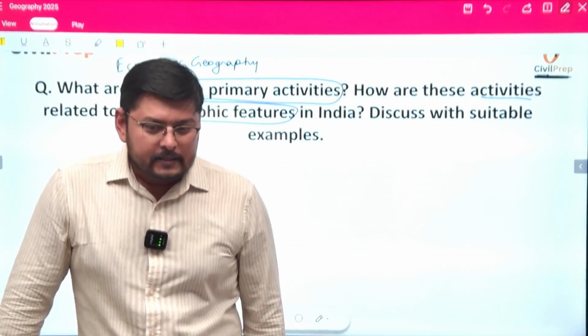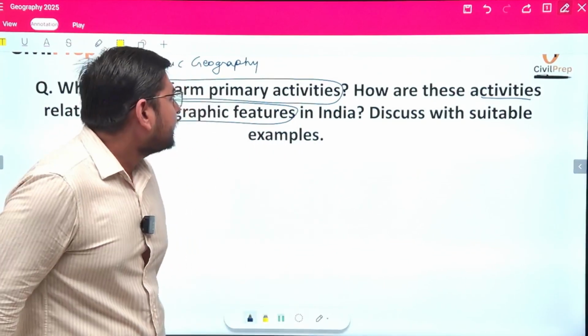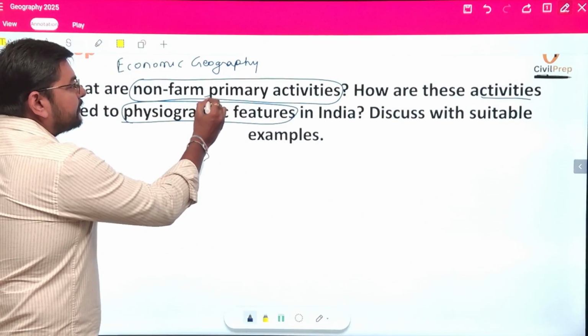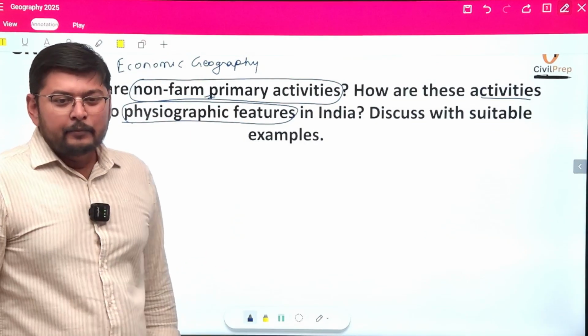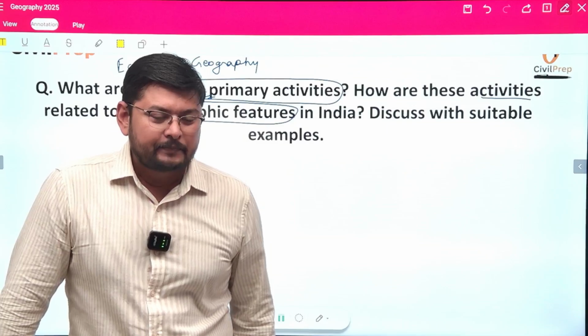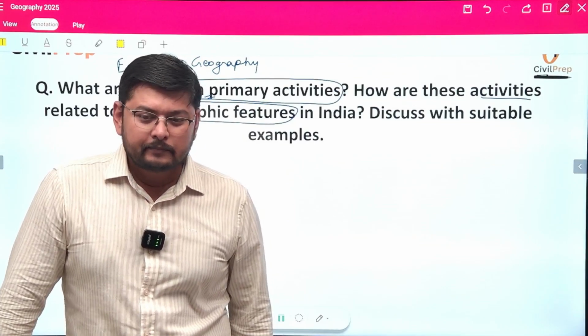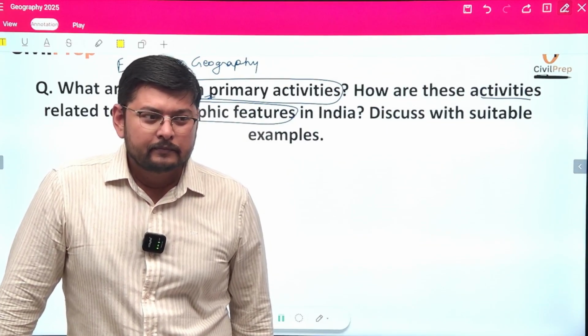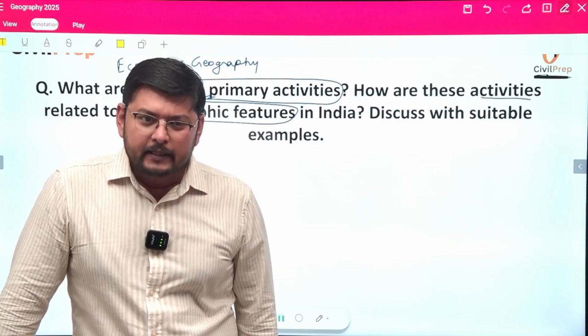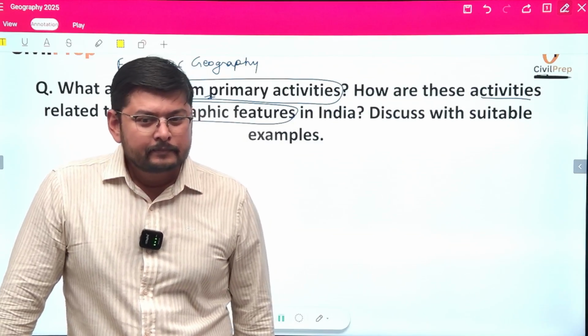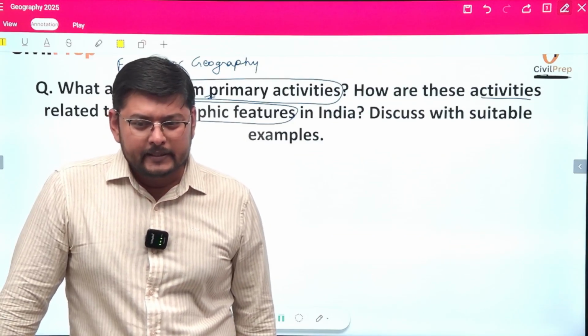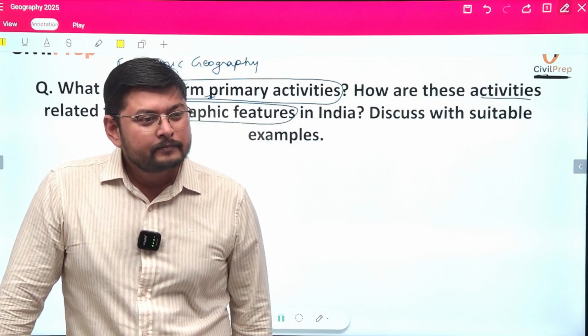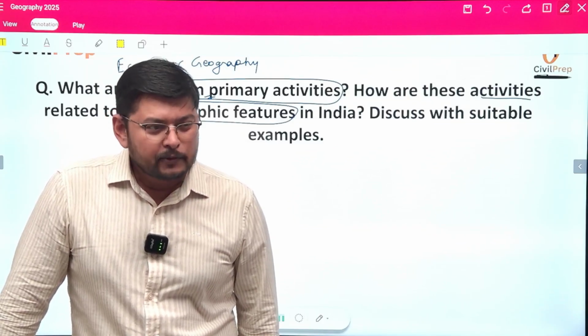What I can ask you here is, what are the various primary activities first? Primary activities क्या होती है? फार्म से रिलेटेड है, ठीक है, इनिशियल स्टेज पे, ठीक है, डायरेक्टली रिसोर्स को यूज कर रहे हैं.